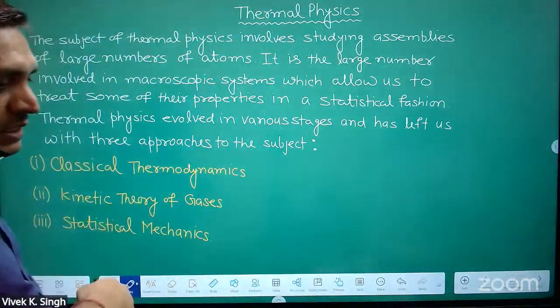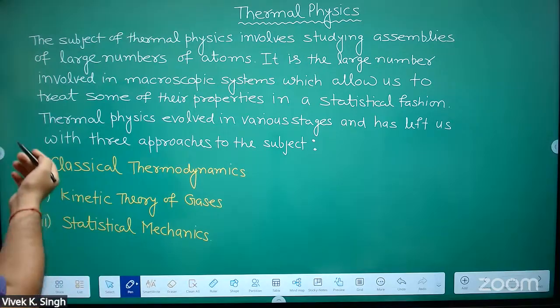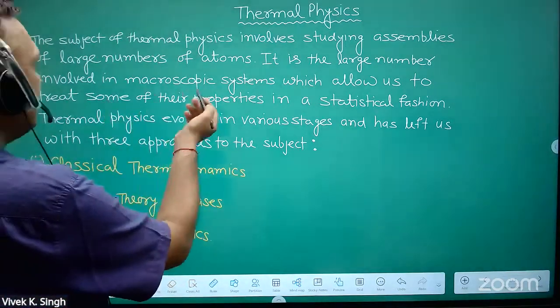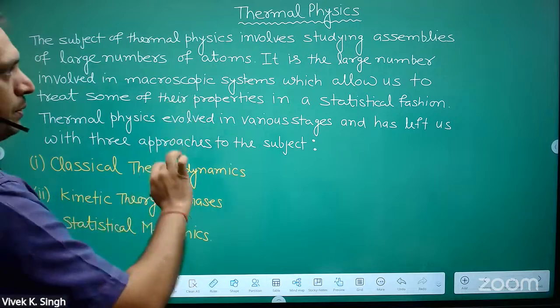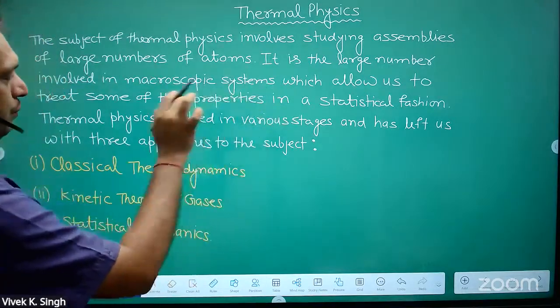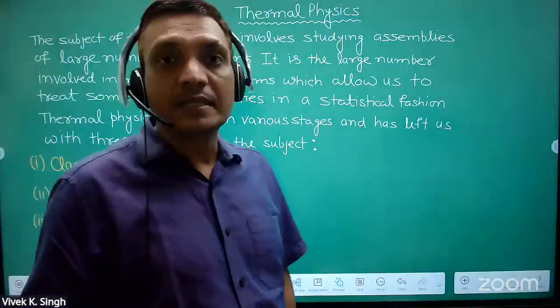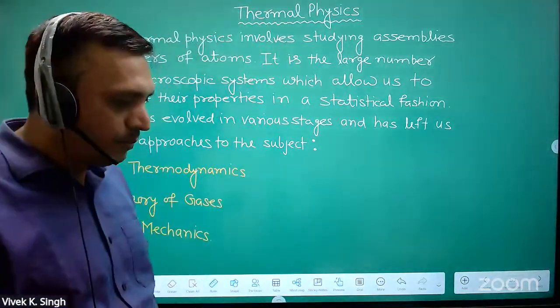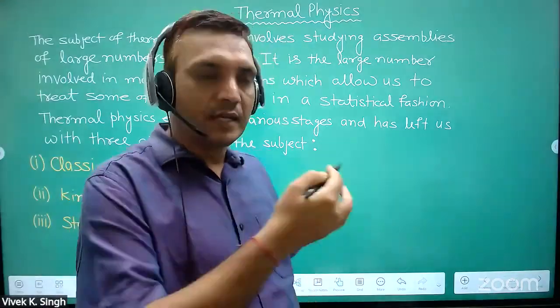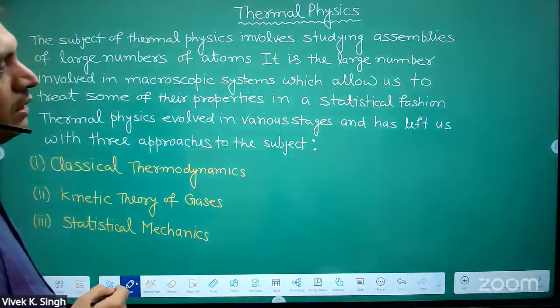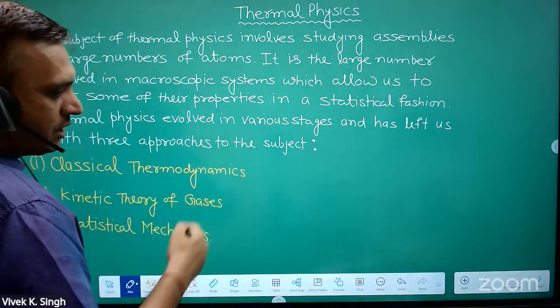So if you have such a large number of atoms in this macroscopic system, it allows us to treat some of their properties in a statistical fashion. Because of the large number only, you can use the properties in a statistical fashion.